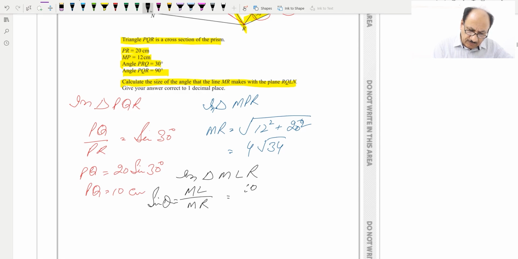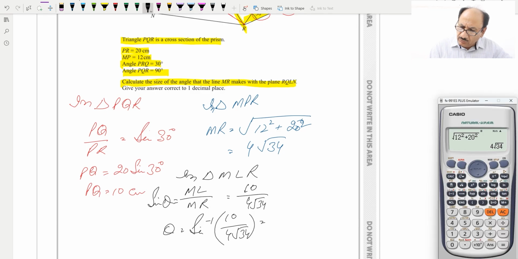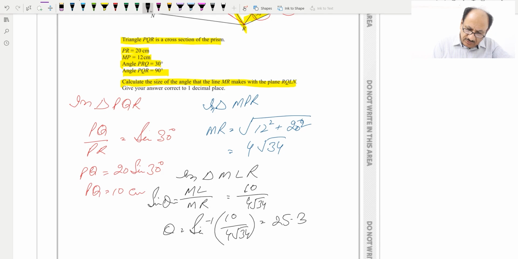So it will be 10 over 4 under root 34, and this will be theta is equal to sine inverse of 10 over 4 under root 34, and this one we can calculate: shift sine of 10 over answer, and this will be equal to 25.388.